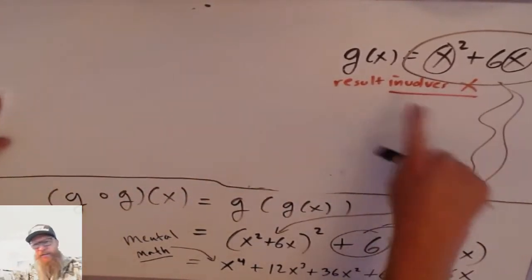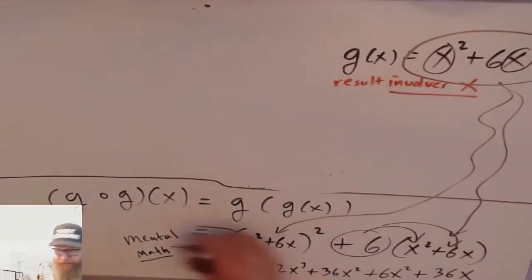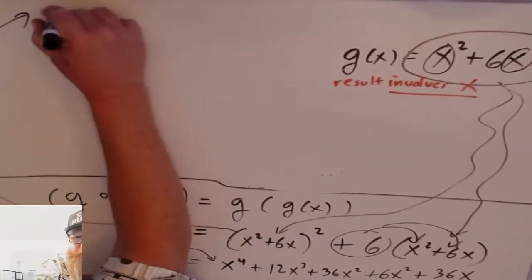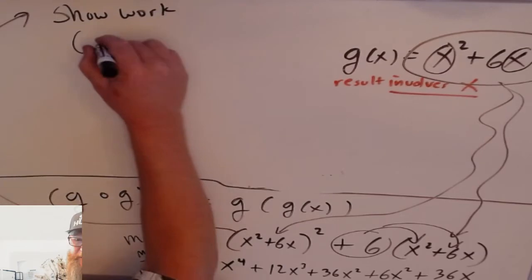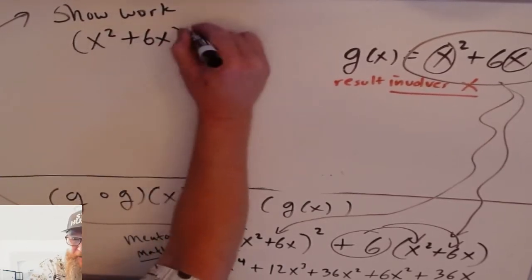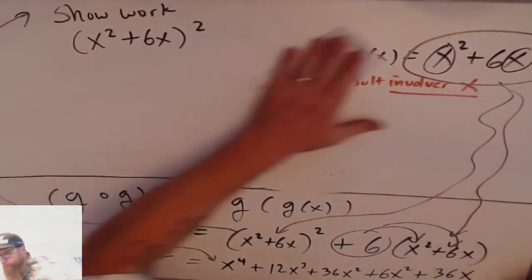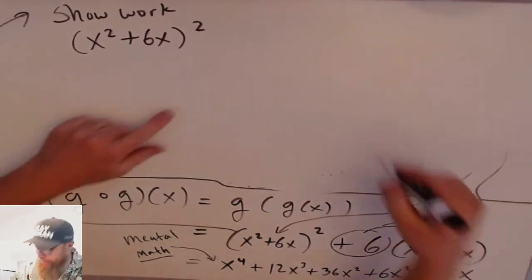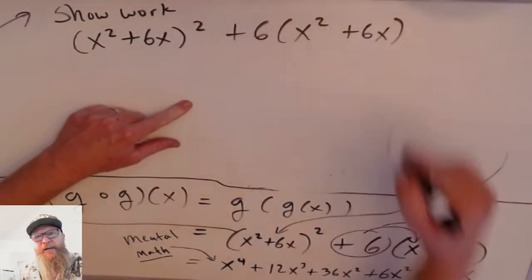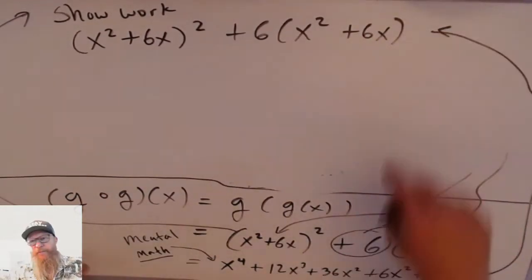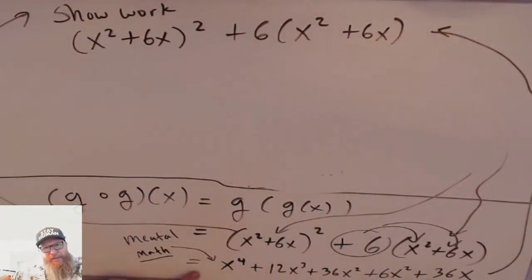Part B here, this G function. So suppose you can't do mental math. If you want to show the work, you've got x squared plus 6x squared. And then 6 times x squared plus 6x. Again, I'm just going to show you how I got this.